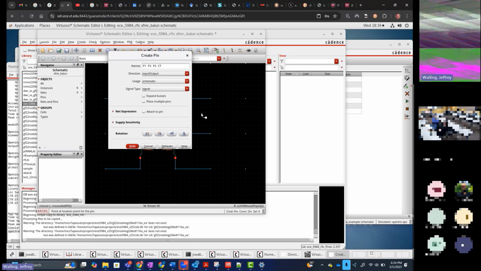I'm going to add 4 ports here, P1, P2, P3, and a center tap. Actually, let's do this as P plus and P minus. Let's make this even more specific: Pn, P plus, P minus, and CT, center tap.